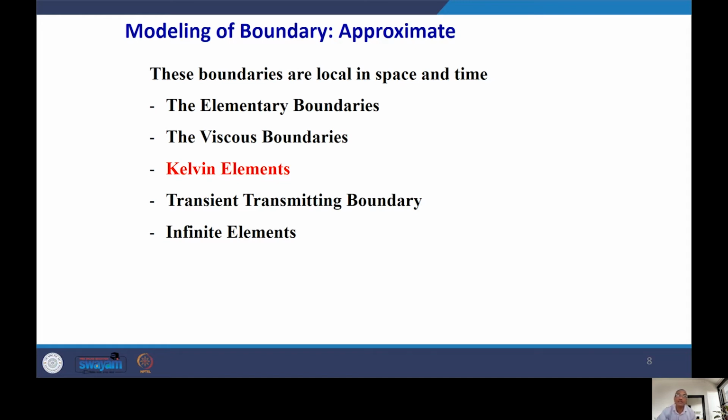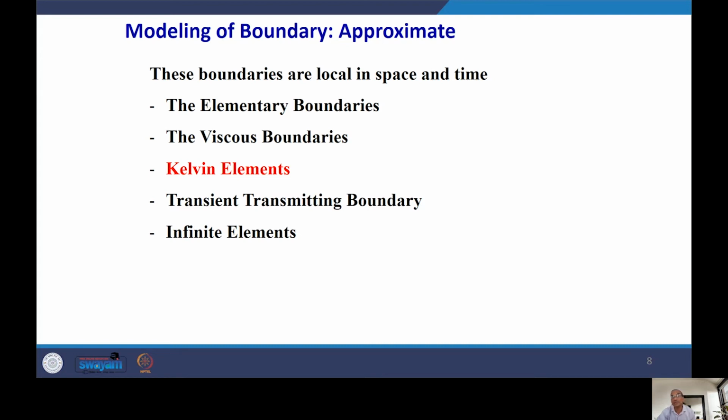In this case, approximate boundaries have been used, and these approximate boundaries are local in space and time. These boundaries can be classified under this category: the elementary boundary, the viscous boundary, Kelvin elements, transient transmitting boundaries, and infinite elements. The elementary boundary and viscous boundaries we have discussed in the last lecture, where we talked about ground response analysis.